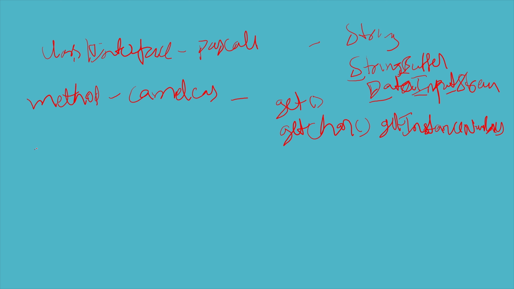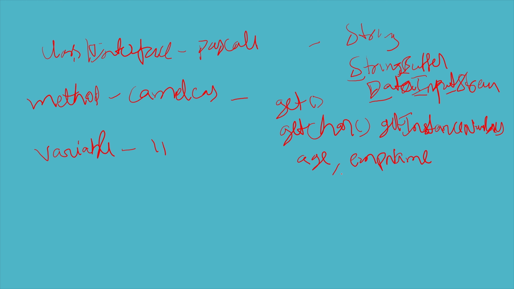And similarly, variables also follow the same convention as method names. That is, the first word starts with a small letter, and after that every other word starts with a capital. For example, if we have a variable which has only one word, then I go with a small letter. In case I have an employee name, or empName, I'll go with emp as small, and then the second word I'll go with Name.